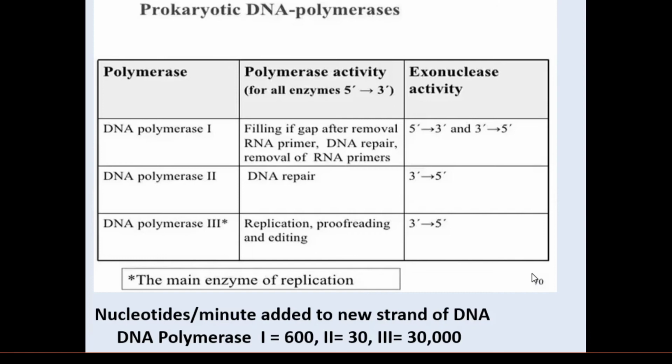DNA polymerase 2 has polymerizing activity in the 5' to 3' direction. It is also helpful in DNA repair. DNA polymerase 3 is involved in replication and also proofreads and removes any incorrect base pair if it is incorporated during replication.